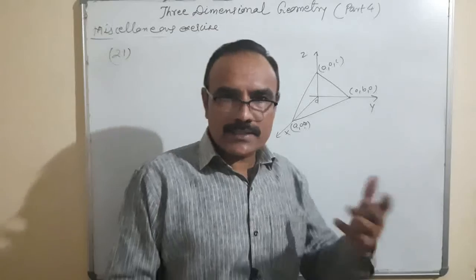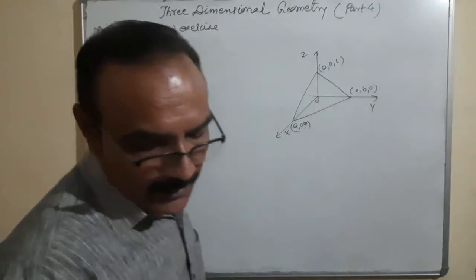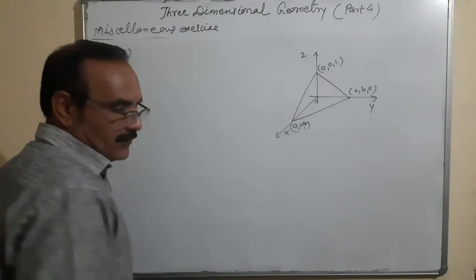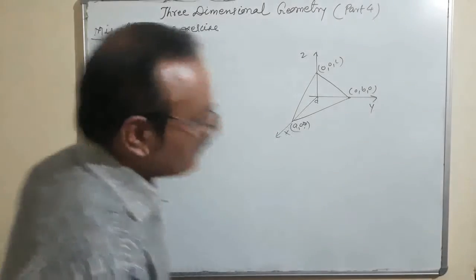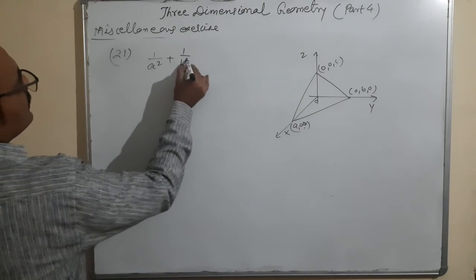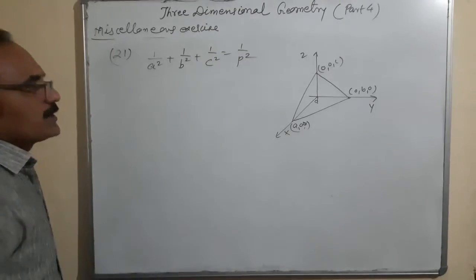First we have to write the intercept form of the equation and find the distance. The distance is given, it is p units. Then we have to prove that 1 upon a square plus 1 upon b square plus 1 upon c square is equal to 1 upon p square. This we are going to prove.